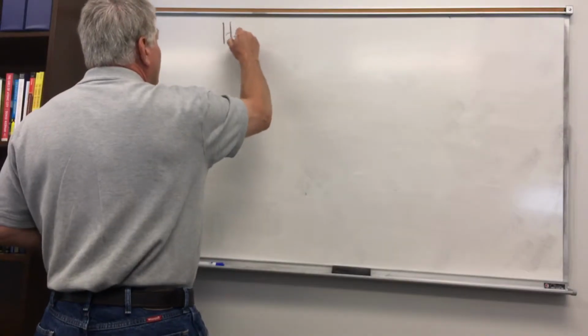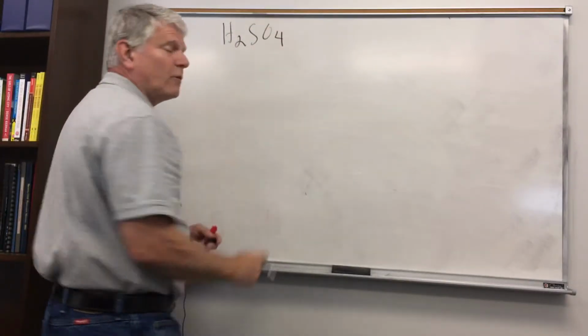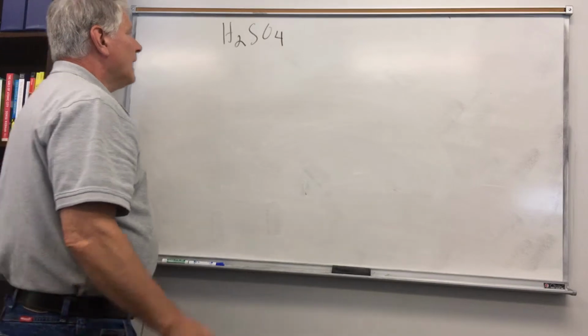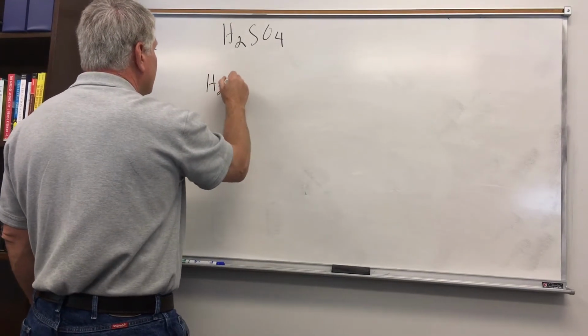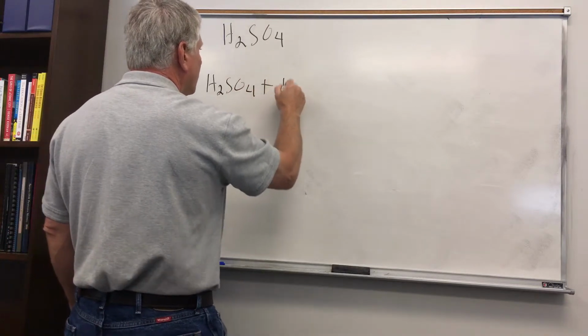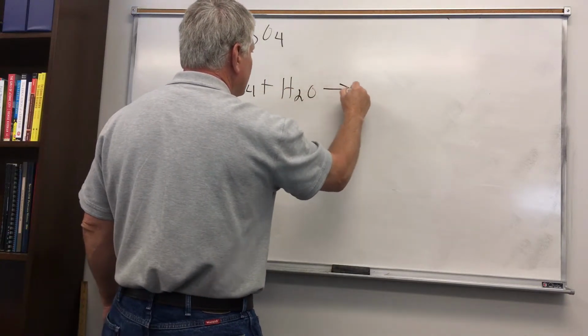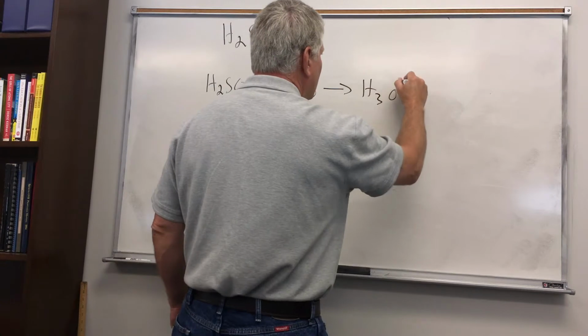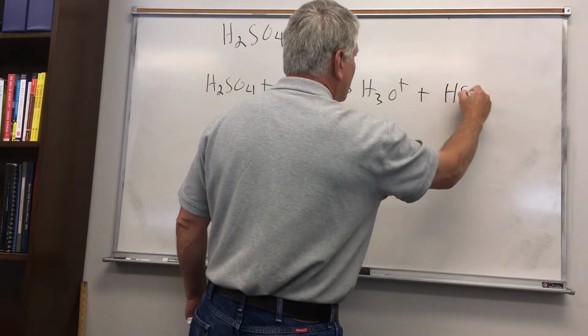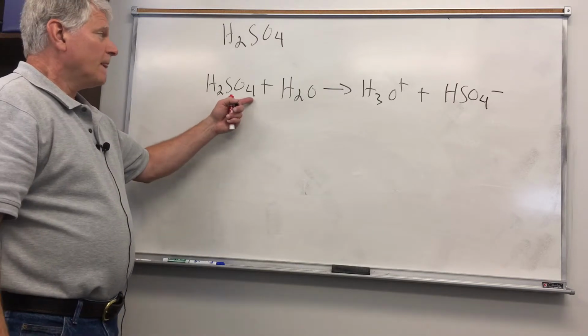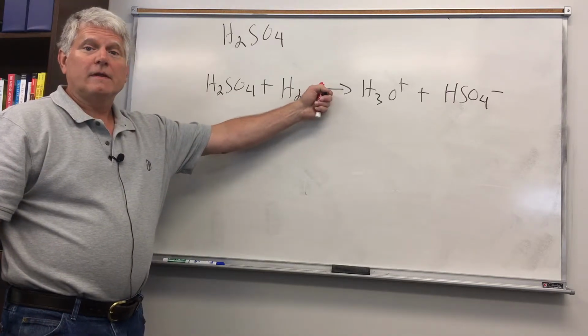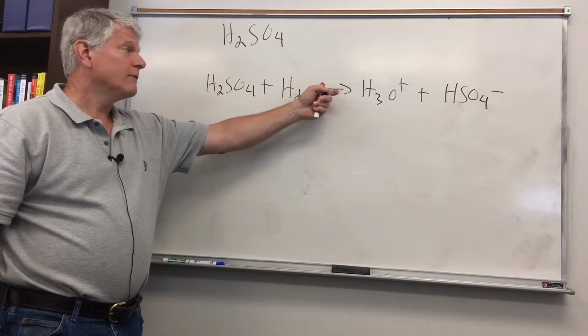We'll look at the polyprotic acid, sulfuric acid, and it has two protons that can be donated. So this is the first step. Now you notice the first step goes to completion. I haven't written a back arrow.